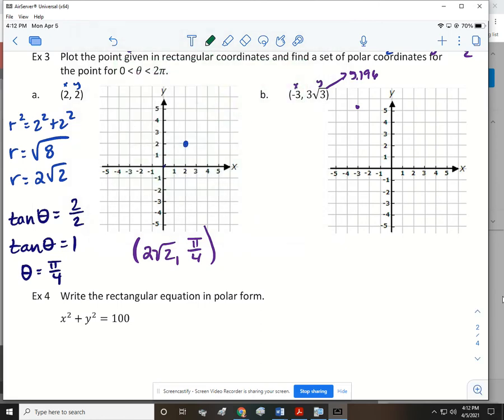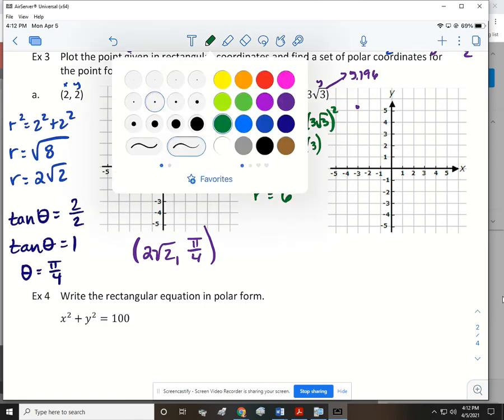Okay, so I know that r squared is equal to x squared plus y squared. Whenever I square 3 square root of 3, I have to square the 3, and when I square the square root of 3, it just leaves you with 3. So r squared should be equal to 9 plus 27, or 36. So r is 6.